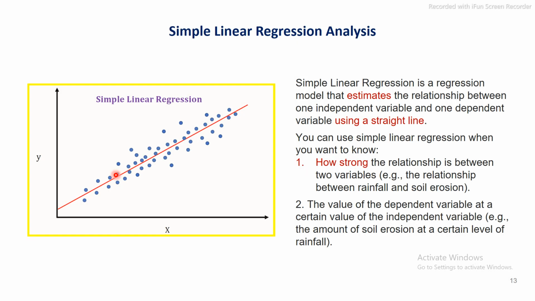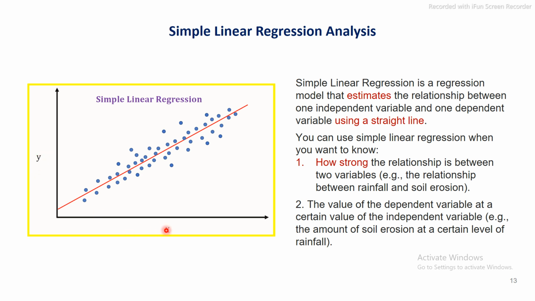Simple linear regression is a model that estimates the relationship between one independent variable and one dependent variable using a straight line. As I already said, it's the line of best fit. The equation of a straight line is y equals mx plus c.